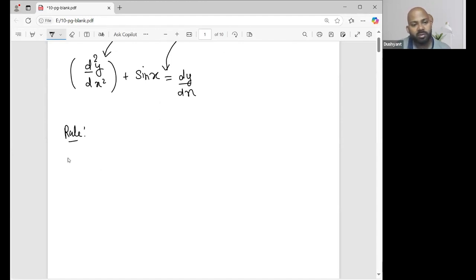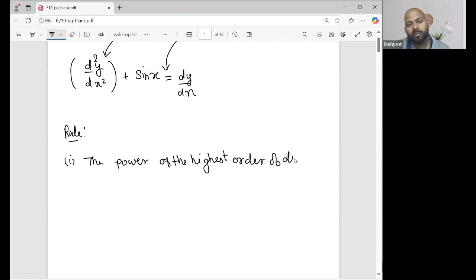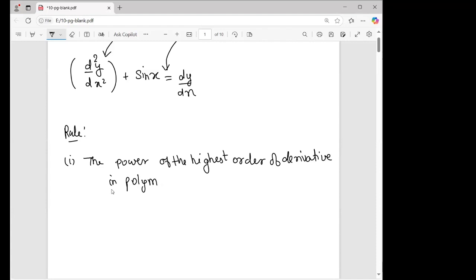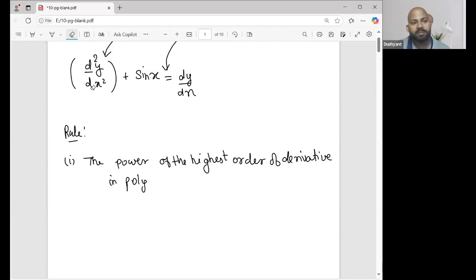The power of the highest order of derivative should be in polynomial. What does this mean? We'll explain.